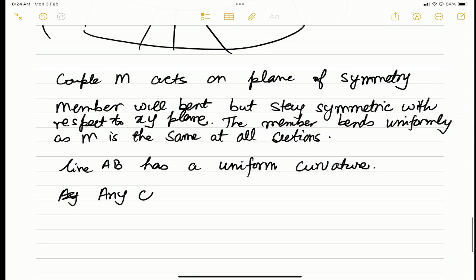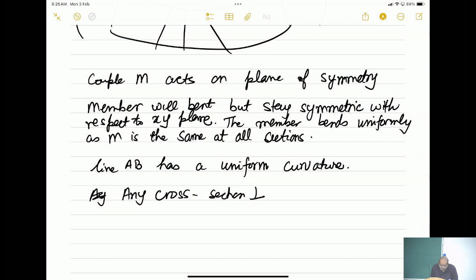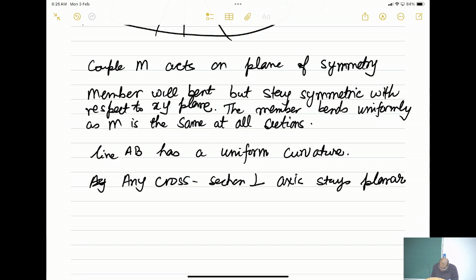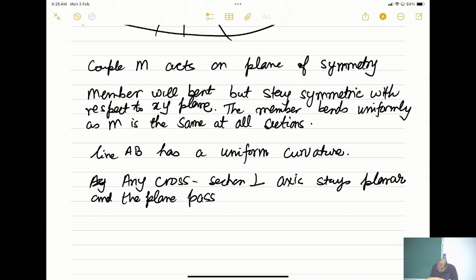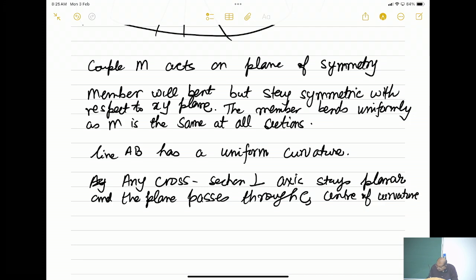So what we can therefore get from here is any cross section perpendicular to the axis stays planar. And the plane passes through C, the center of curvature.